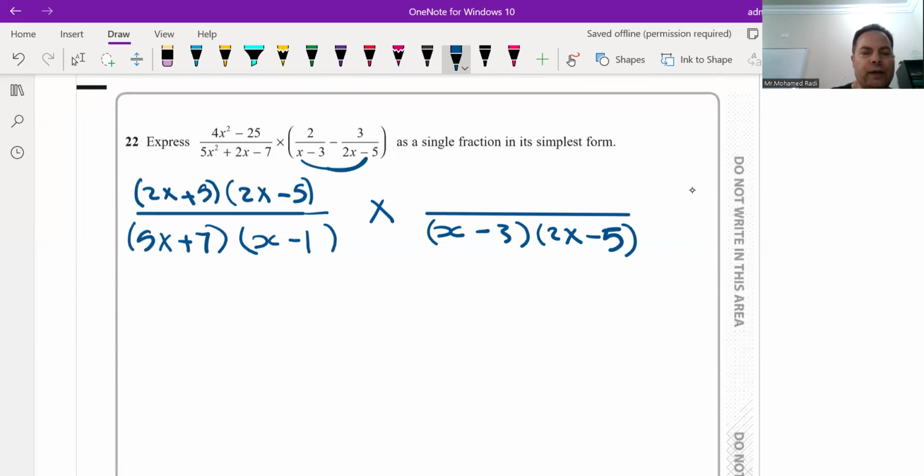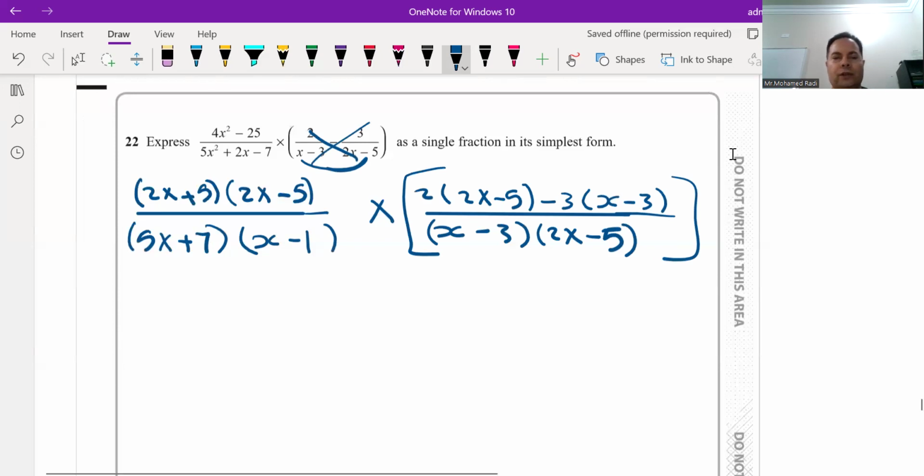Don't try to expand. Cross multiplying will be 2 times (2x minus 5) minus 3 times (x minus 3). Expand the numerator only. No need to expand the denominator. If you look at the first part, we'll keep it.